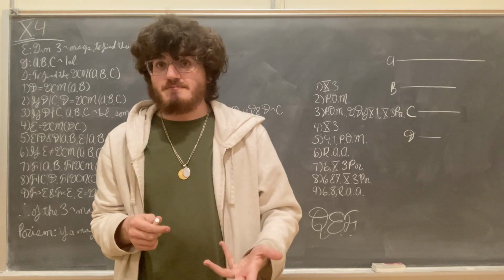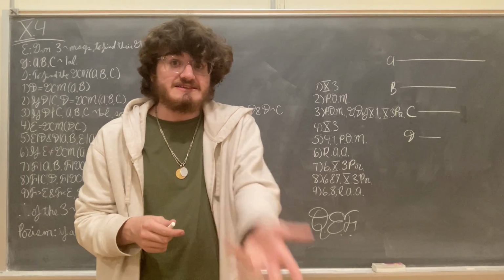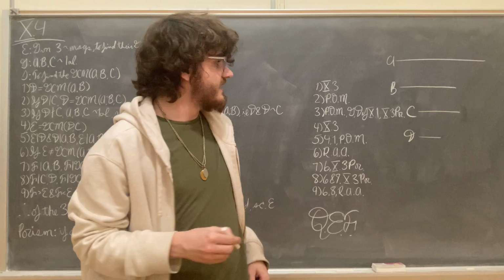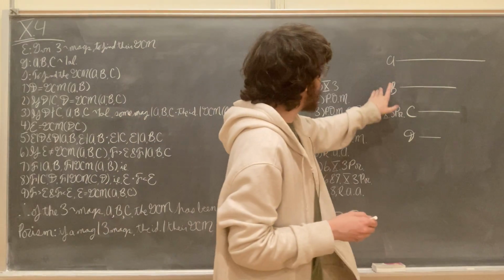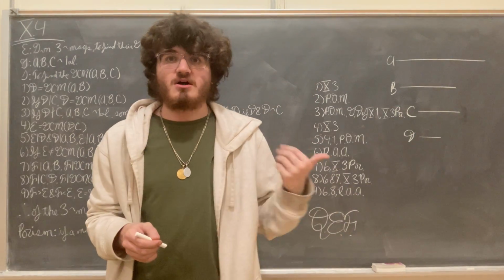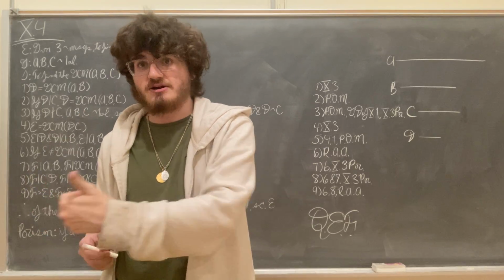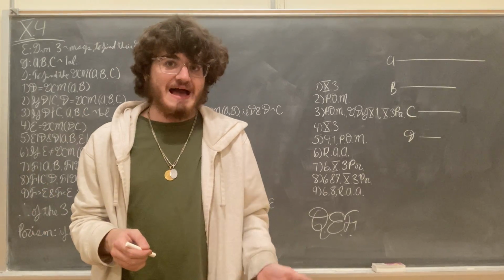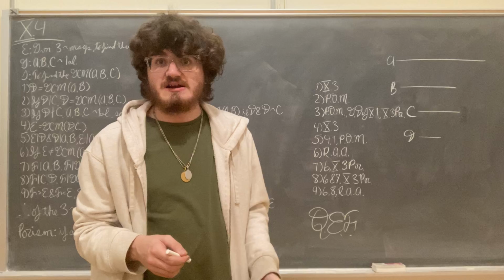But if it does not measure C, then we at least know that the two of them are commensurable. For we know that A, B, and C, all three of them are commensurable with one another. So we know that there will be some magnitude which measures all three of them.